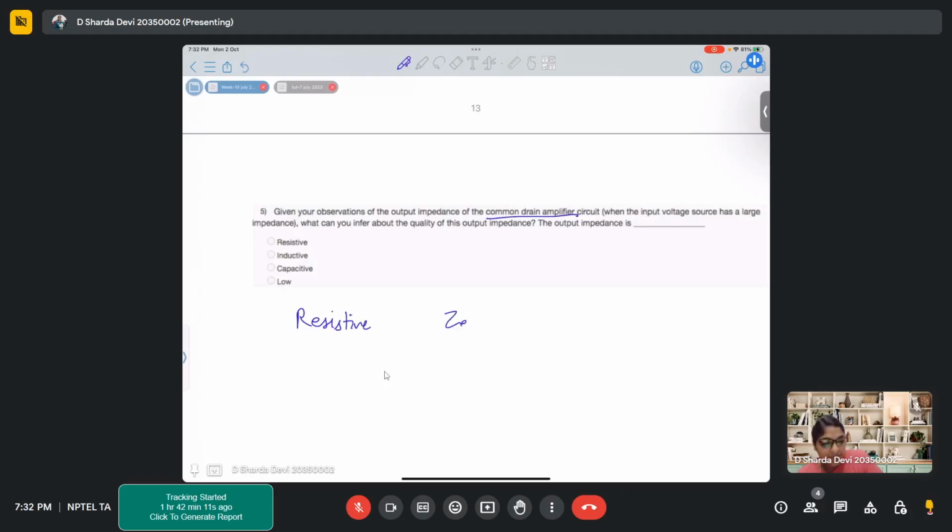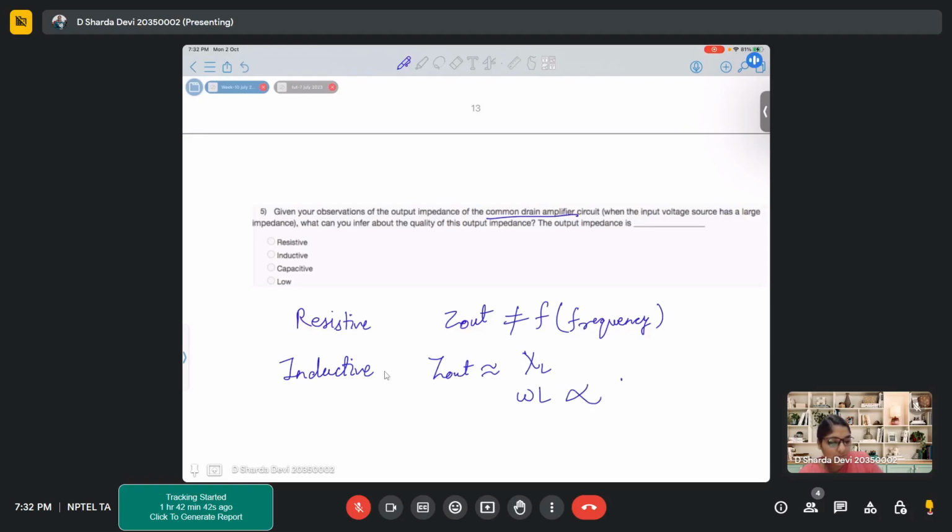Z out, if it is a resistor, is not a function of frequency. This is the resistive behavior. When we say it is inductive in nature, Z out will behave like ωL, that is X_L, which means directly proportional to frequency.